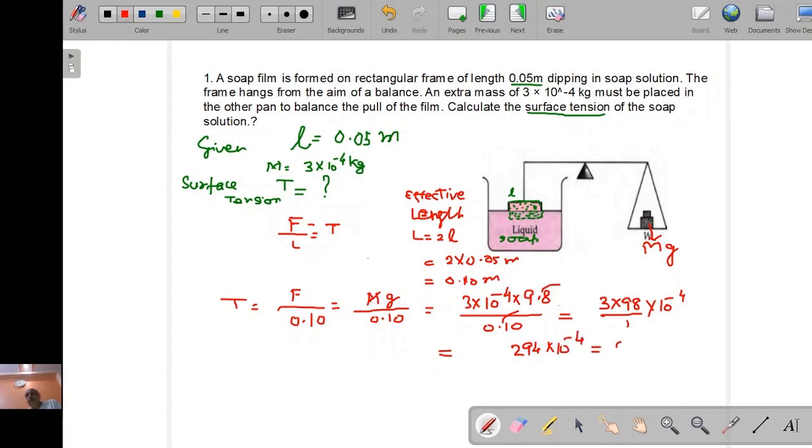It is equal to 0.0294. The unit of surface tension is Newton per meter. So this is the surface tension of the soap solution, and we may write here it is the answer.